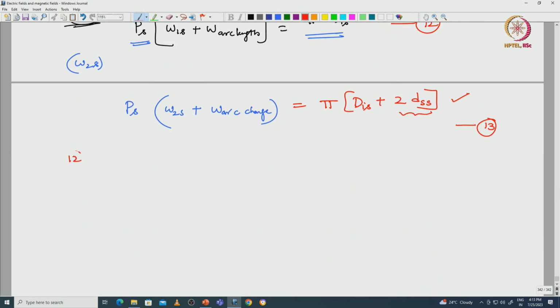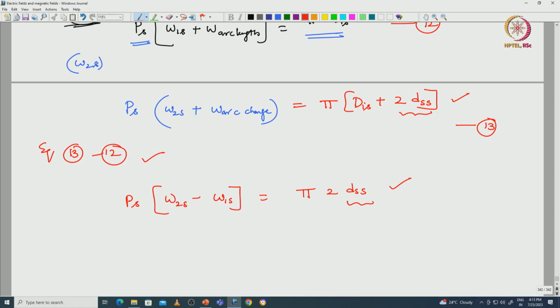If we subtract, here we have to consider equation number 13 minus equation number 12, then PS into (W2S minus W1S) is equal to pi into 2 into DSS. This is the equation to find the slot or pole height.